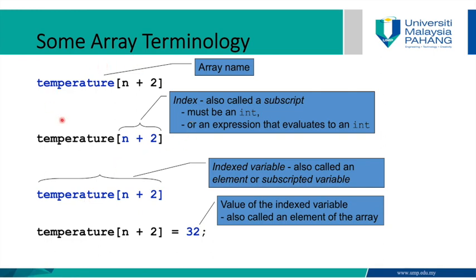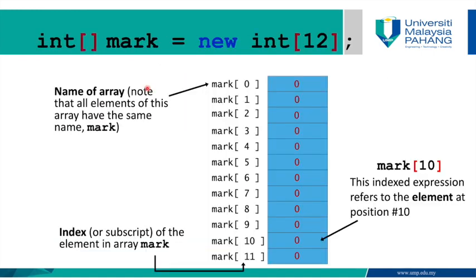So these are some of the array terminology. It's just an example so that you can understand. For example, here we have the array name, temperature, and the index here is n plus 2. What is index n plus 2? What we know is the index should be 0, 1, 2, 3, 4.